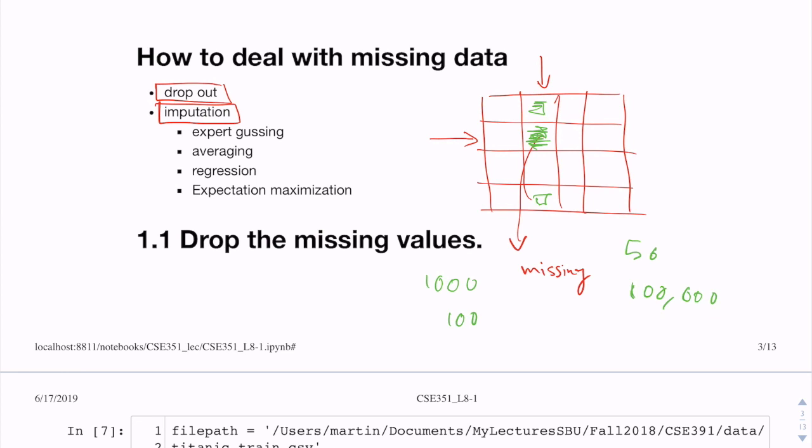Imputation is another technique which says, okay, you have the data, and based on some idea about this data, we can replace the missing value or NaN value by some numbers. The first method is expert guessing. Basically we go and talk to an expert.